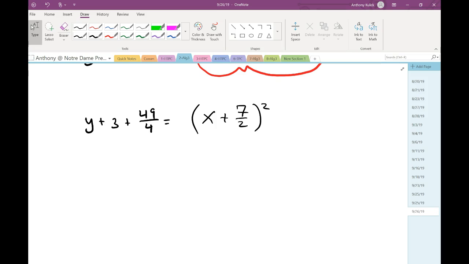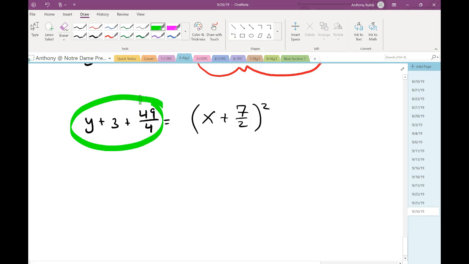So this is where we ended. The last thing we need to do is take care of this side now. We just need to add some fractions and then move everything onto the other side. So to add 3 and 49 over 4, what do we need to have? Common denominator. What would that common denominator be? 4.